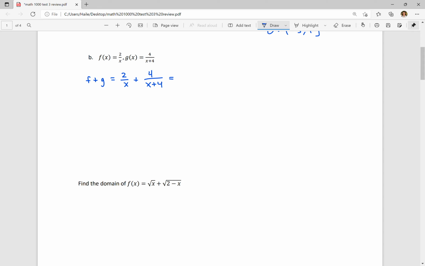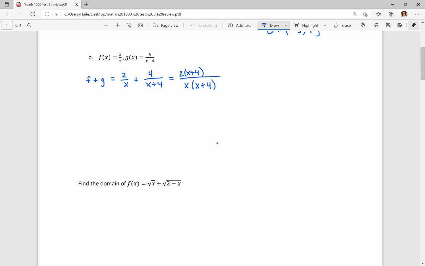So to get a least common denominator, we just want to multiply our two denominators. So we'll have a single fraction with the denominator of x times x plus 4. Now we can think about what is going to happen to the tops of our fractions. So for the first fraction, since we multiplied x by x plus 4 on the bottom, we'll have to multiply 2 by x plus 4 on the top.